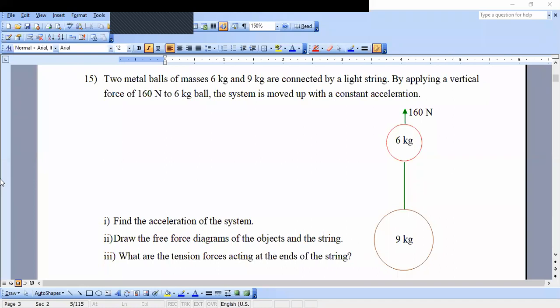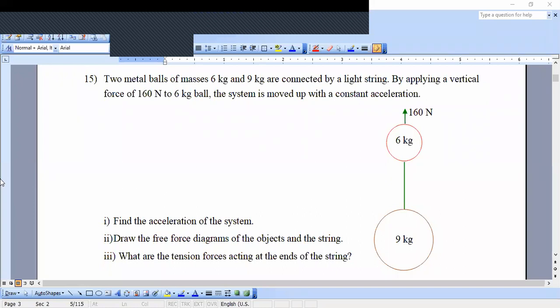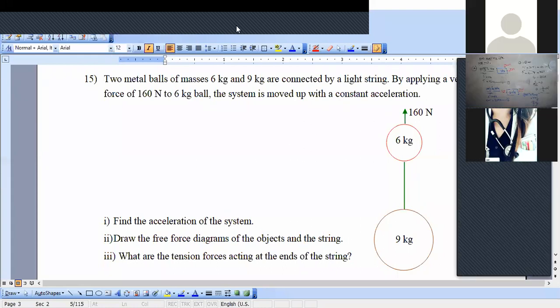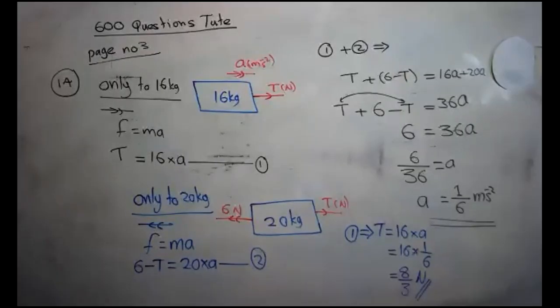So here also, light string. Light string means no mass. Let me draw the figure. But before that, if you want, please take a screenshot of the whiteboard, because I'm going to erase everything. So if you want, please take a screenshot.